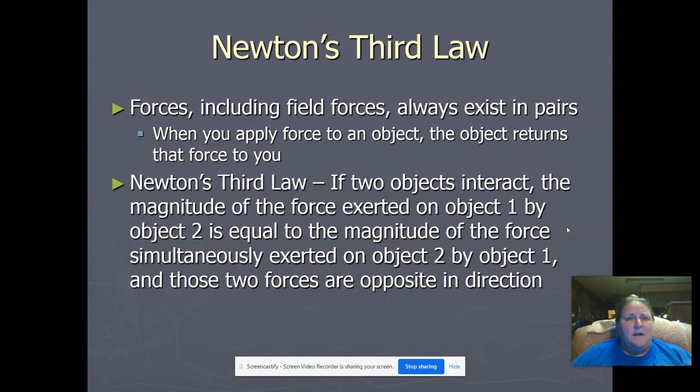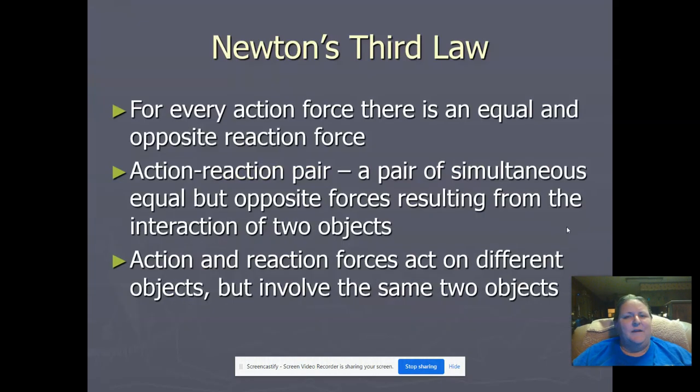Easy way to remember it, opposite but equal. So what does that mean? That's a mouthful. So for every action force, there is an equal but opposite reaction force. There's an action-reaction pair of a pair of simultaneous equal but opposite forces.